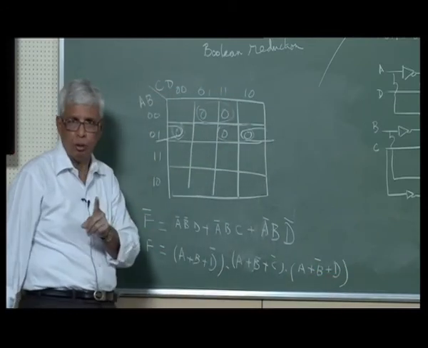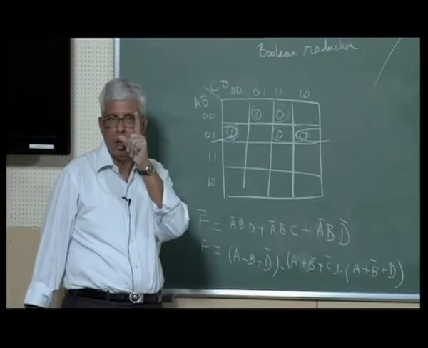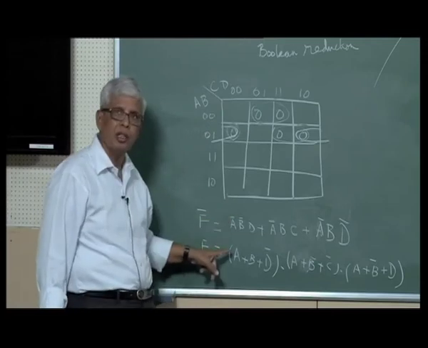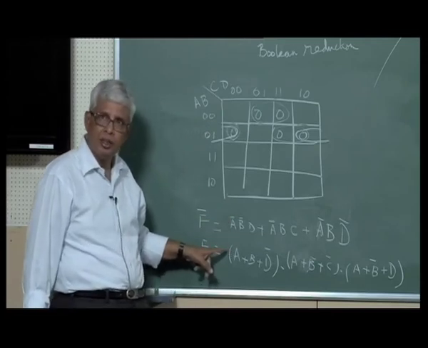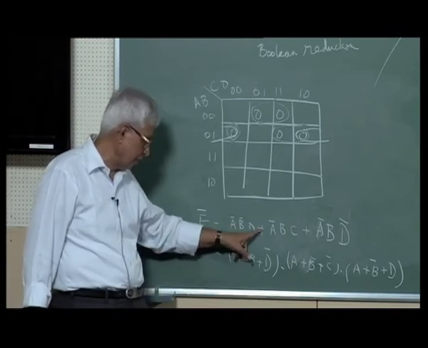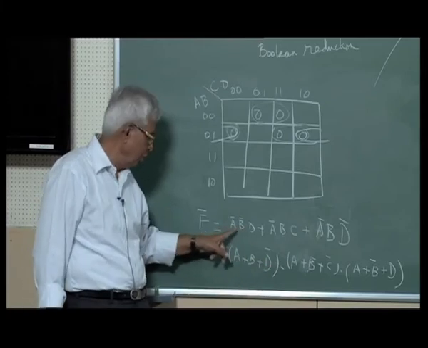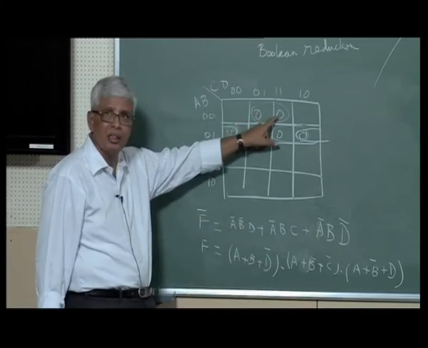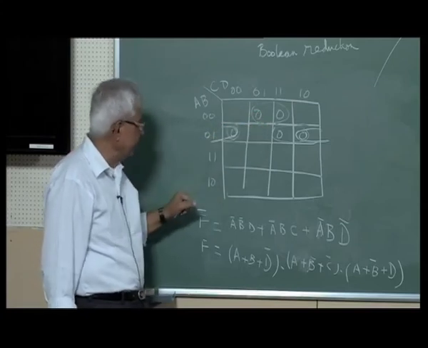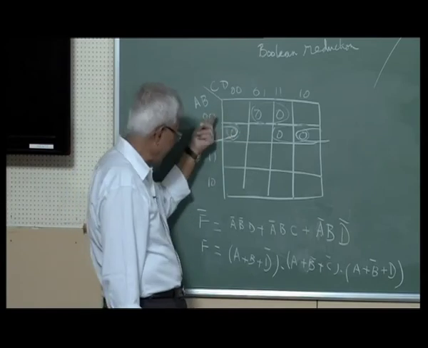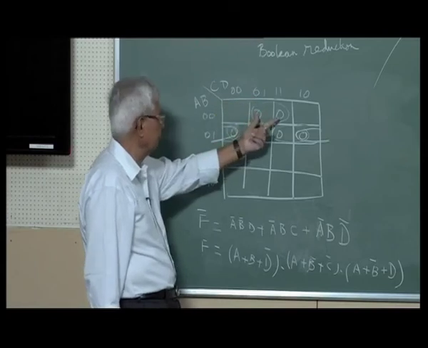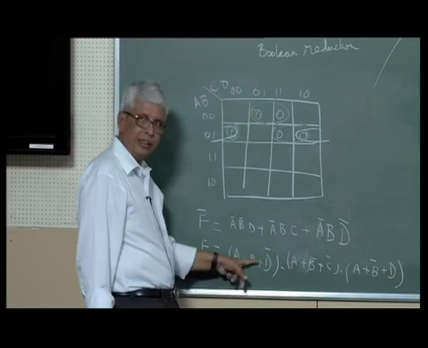Remember I told you this rule. A variable in the min term becomes its invert in the max term, and sign becomes or sign, or sign becomes and sign. So I take each of these. Instead of A bar, B bar, D, now I write A, B and D bar, and I will put an OR in between.